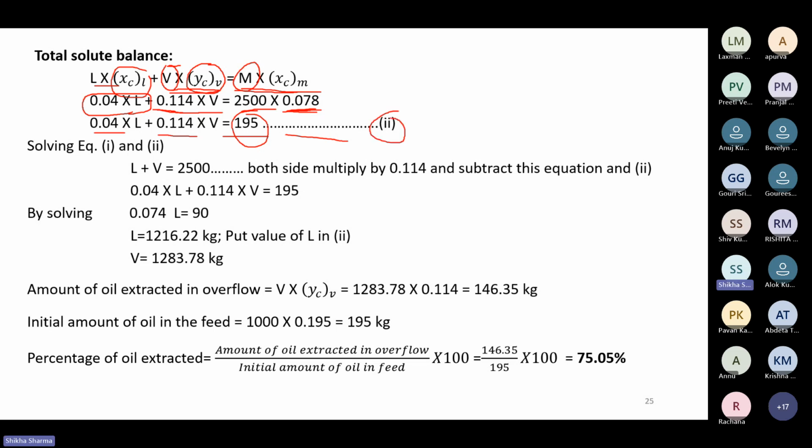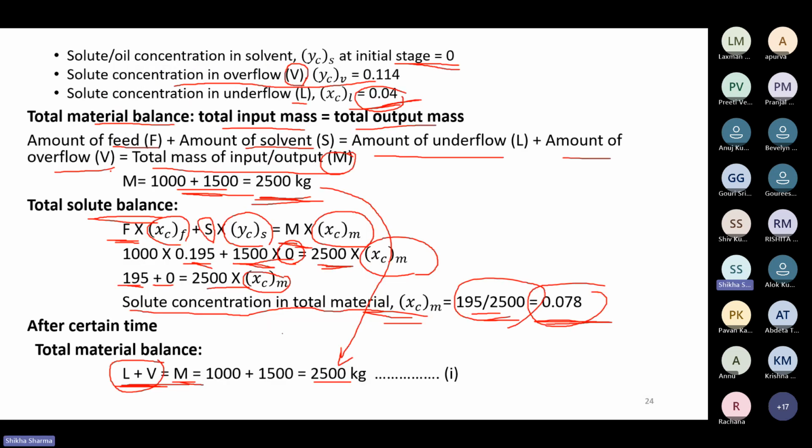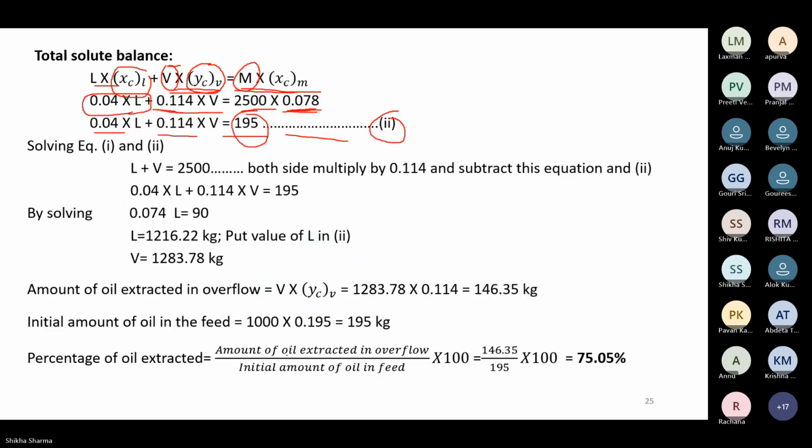Now this is equation 2, and equation 1 is L plus V equals 2500 kg. What we can do is multiply equation 1 by 0.114 and then subtract it from equation 2.